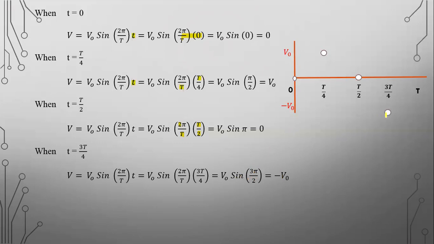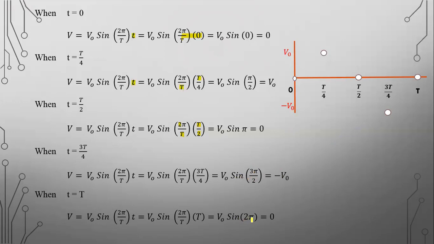So this is the point, minus V naught. And finally, at t equal to capital T, V again becomes equal to 0 because sine 2 pi, which is sine 360, is also equal to 0. So these are different points of alternating values at different instants of time.